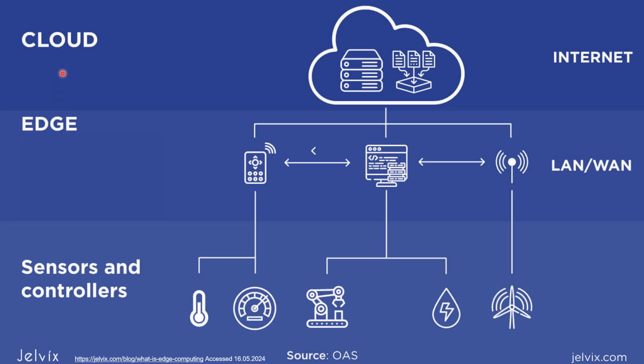The overall aim is to optimize performance, reduce latency, and enhance efficiency by leveraging the strengths of different types of computing environments, like the cloud, the edge, and the sensors and controllers.